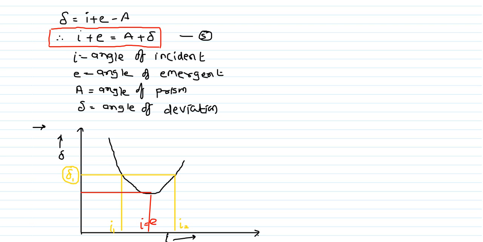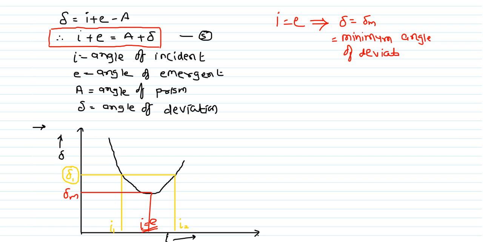That is, when I is equal to E, then this delta will become minimum, that is known as minimum angle of deviation. That is, when I is equal to E, that is, the angle of incidence is equal to the angle of emergence, then we can say that delta is equal to delta m, that is equal to the minimum angle of deviation.